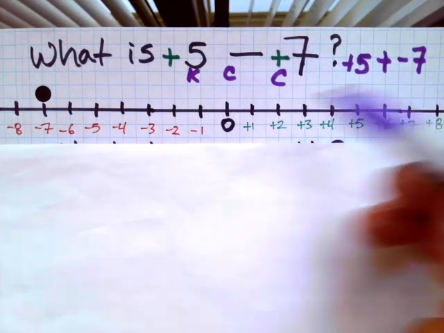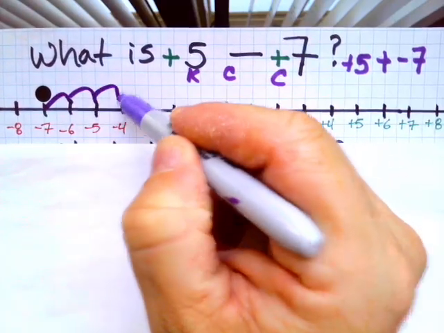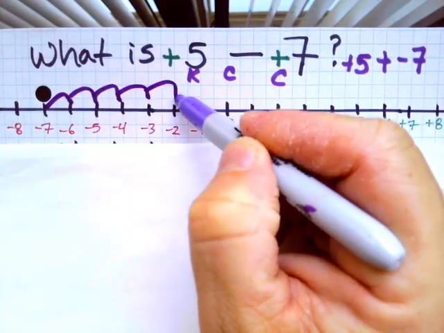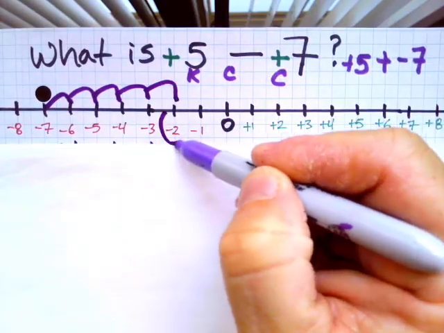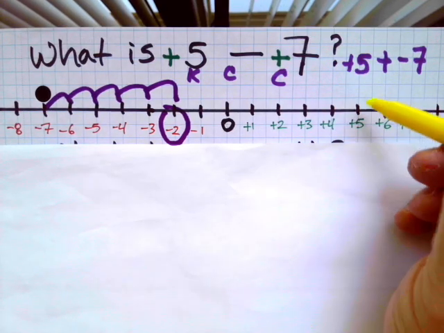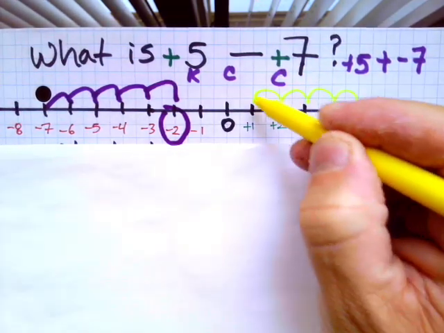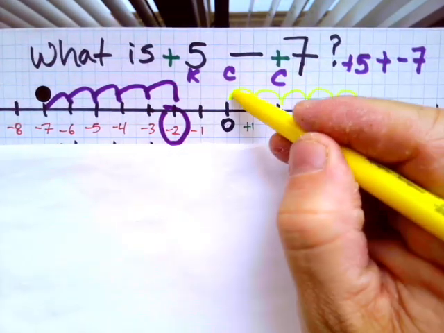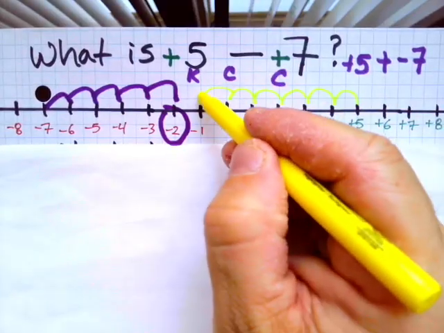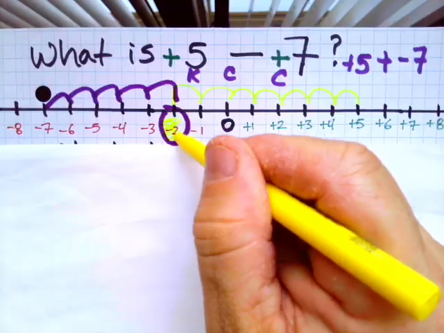I'll choose a -7 and I'll go 5. 1, 2, 3, 4, 5 in the positive direction, and I end up with a value of -2. Or, again, you could start at the positive 5 and go 7 in the negative direction. 1, 2, 3, 4, 5, 6, and 7. You're going to end up with that same solution, a -2.